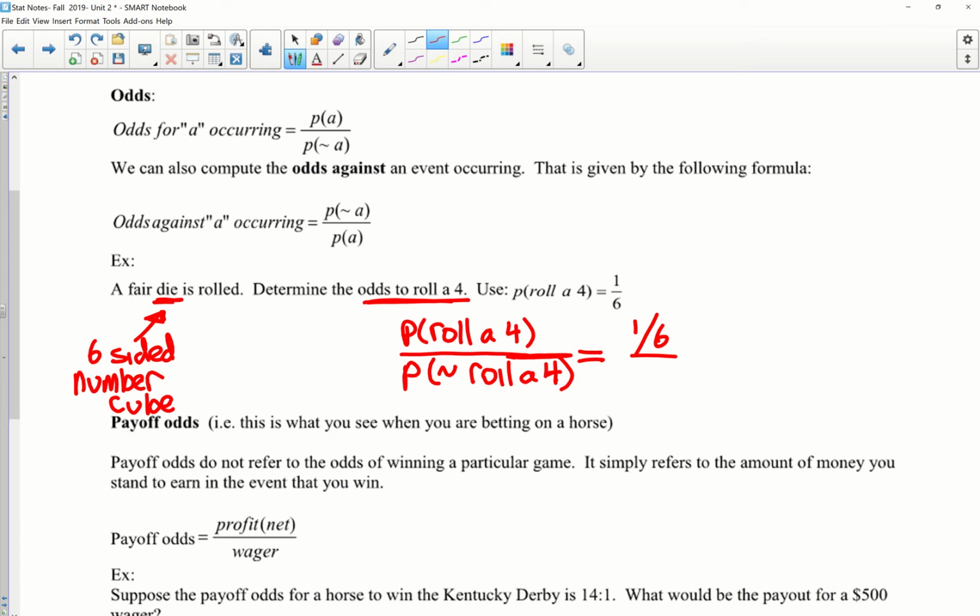And that 6-sided number cube has the numbers 1, 2, 3, 4, 5, 6. I spell it out a little bit more on the next page. That 6-sided number cube contains the values 1, 2, 3, 4, 5, or 6. They don't actually have the numbers written on them. They just have dots corresponding with those numbers.